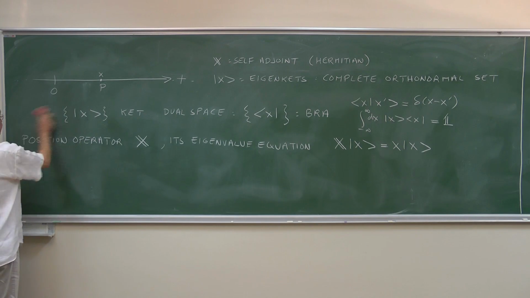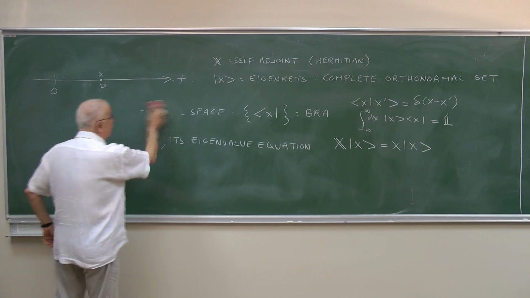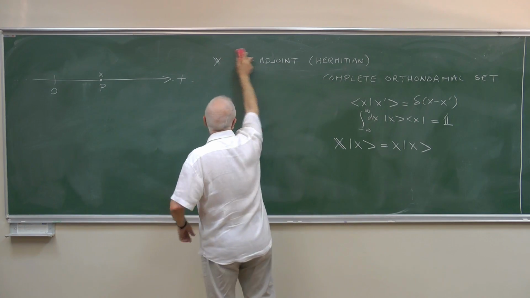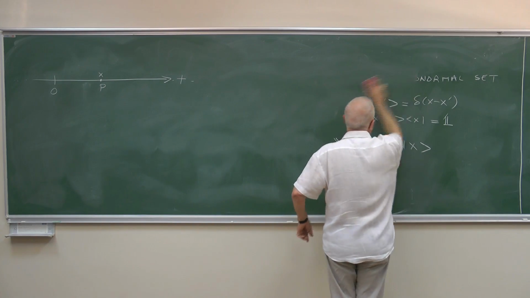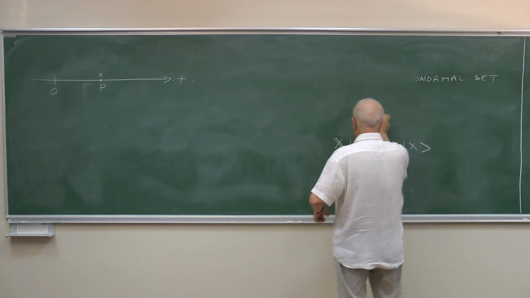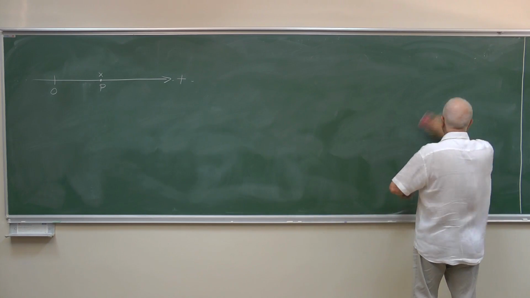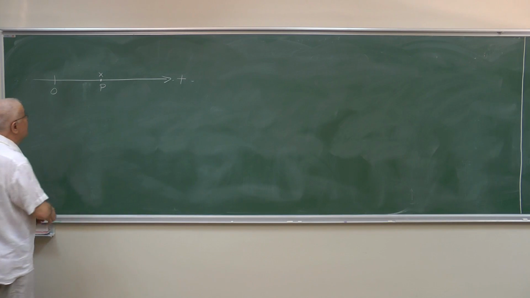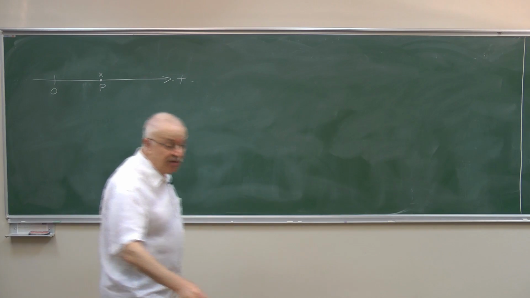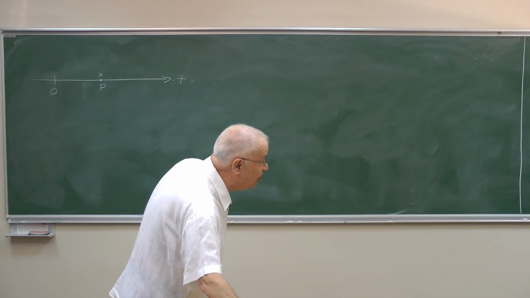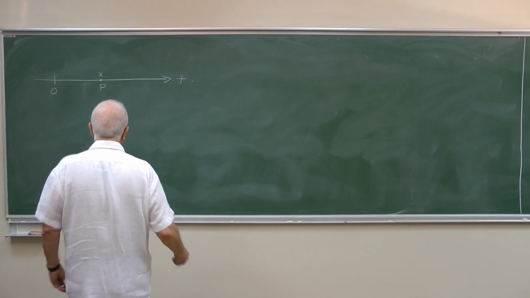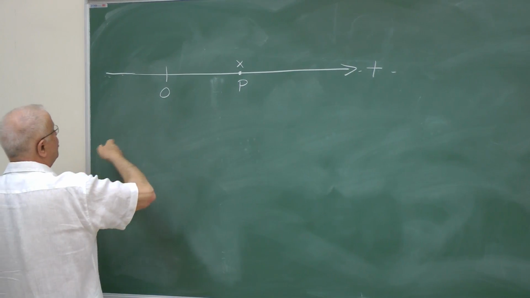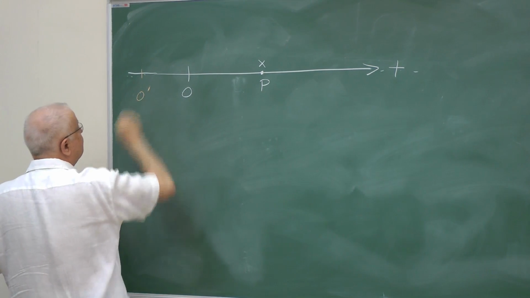Then we start thinking about it and look for possible symmetry operations. Well, in this very simple-minded real one-dimensional problem, we have only one symmetry operation. That's, for example, shifting the origin to O prime.